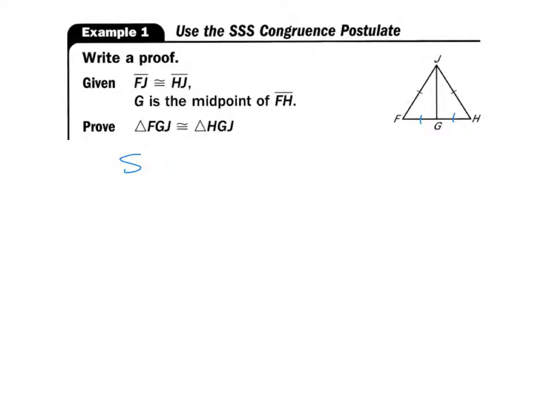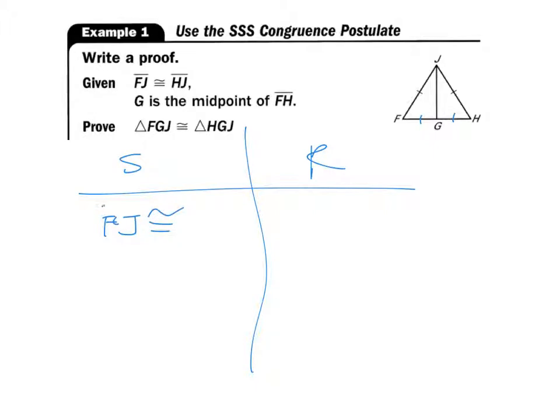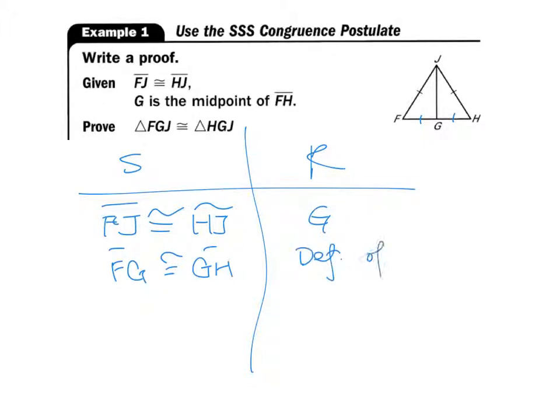My reasons are here. If I know that FJ is congruent to HJ, and that's given, I also know that FG is congruent to GH, and that's the definition of midpoint.